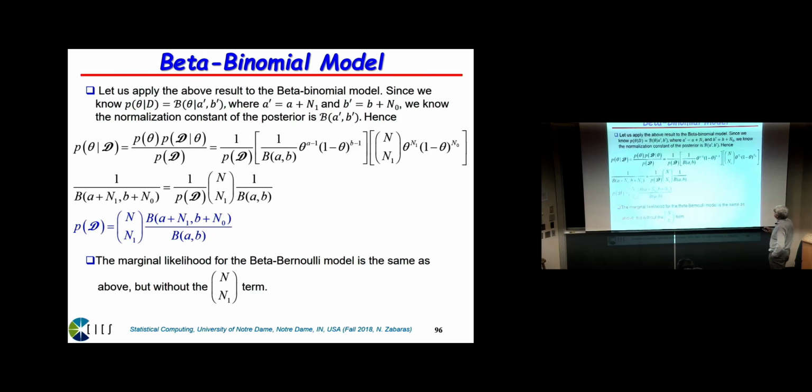Just one slide here: for example, if the prior is a beta distribution and the likelihood is a binomial distribution, then you can write the normalization factor P of D as this nice formula. In this formula, there are lots of hyperparameters like alpha and beta from the prior.